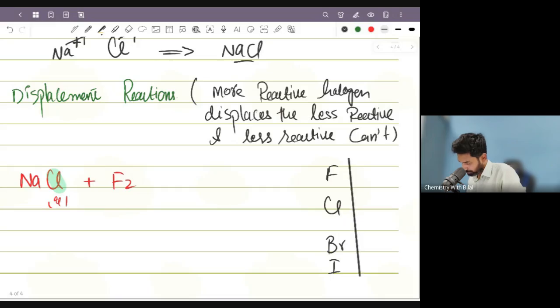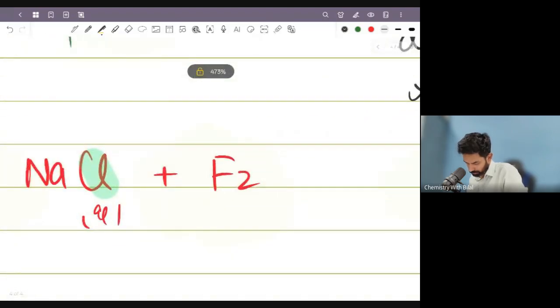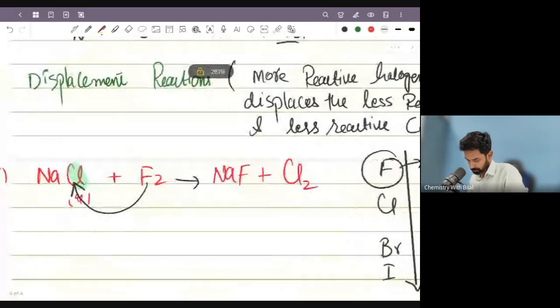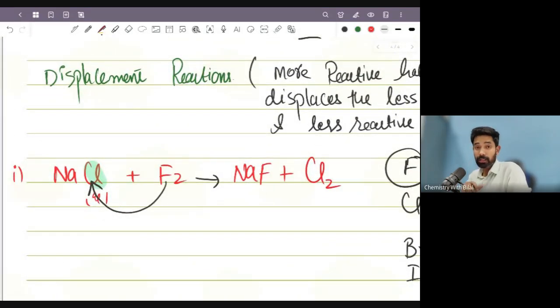Top to bottom reactivity decrease हो रही है, इसका मतलब fluorine is most reactive. Now इन दोनों में fluorine ज्यादा reactive है, chlorine definitely fluorine. तो fluorine more reactive है, it will displace the chlorine. So what you will get is NaF and Cl2 will be displaced. जब वो displace होगा तो अकेला हो जाएगा तो वो diatomic होगा, Cl2 बनेगा. बैलेंस करने के लिए यहाँ 2 लिख लेंगे, यहाँ 2 लिखेंगे तो सोडियम 2 हो जाएंगे, तो यहाँ पे भी 2 लिखेंगे, फ्लोरीन पहले से बैलेंस.